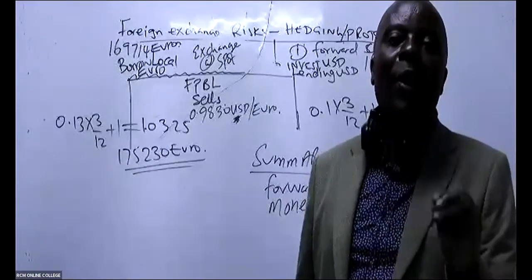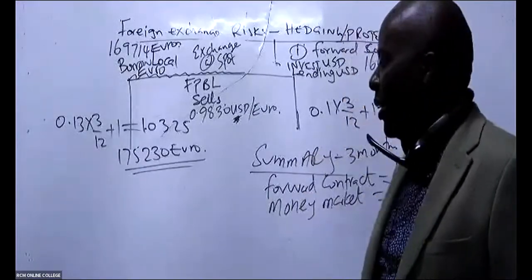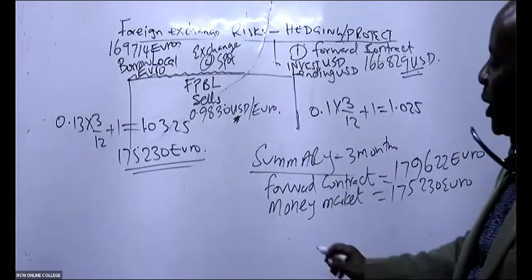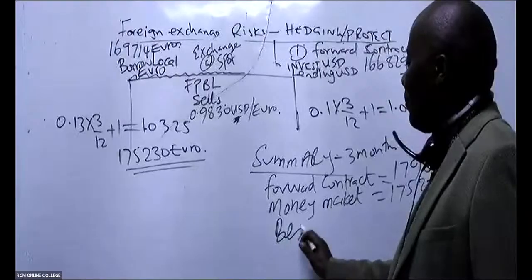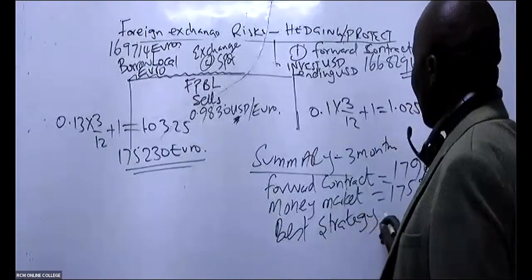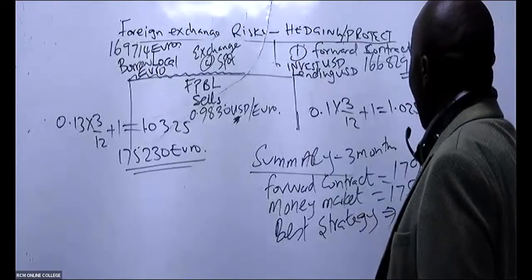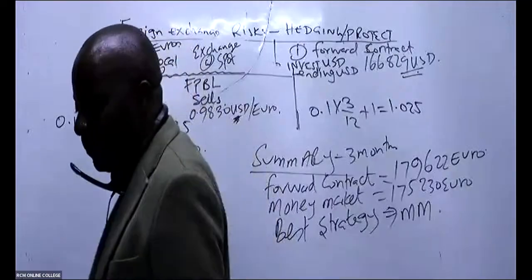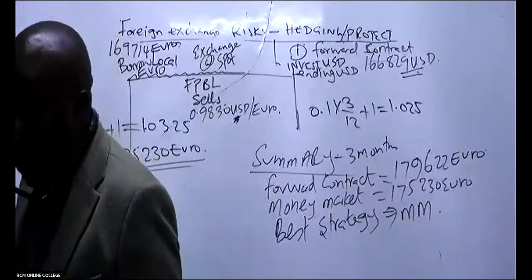The minimum one is the optimal one. So in this case, the best strategy is money market.